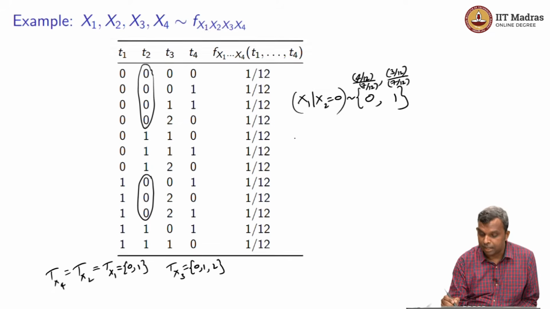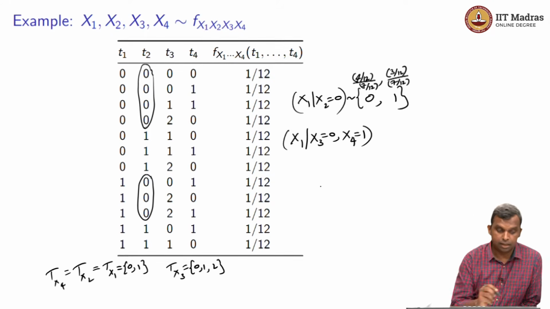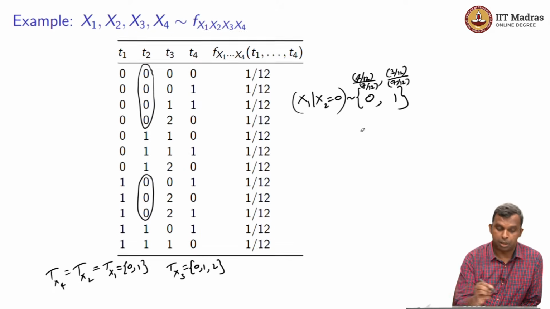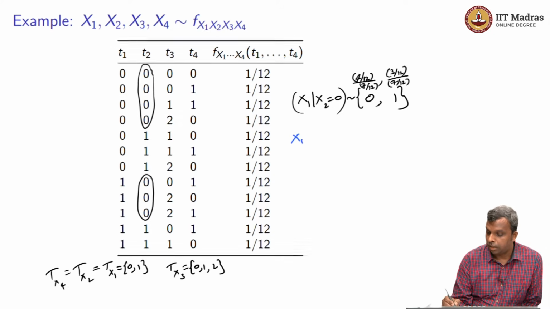So let's look at a slightly more confusing situation. So let's say x1 given x3 is 0 and x4 is 1, okay. Look at this. Maybe I should write this in some other color. We'll pick a blue color. x1 given x3 is 0, x4 is 1.